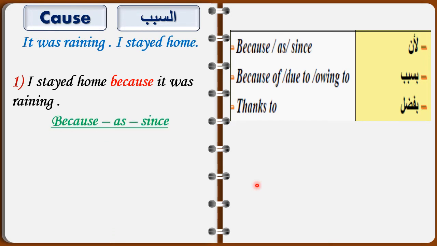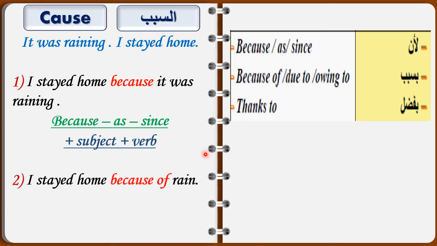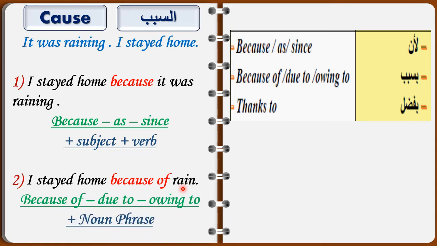Very easy. When we have because, as, since, it's followed by subject, الفاعل, and verb. But look at this one. I stayed home because of the rain. Do we have here subject and verb? No. We have noun. Because of, due to, owing to, يتبعها الاسم أو جملة اسمية. Noun phrase.